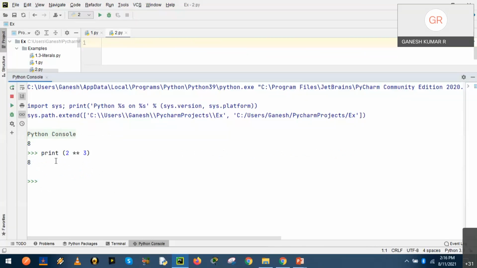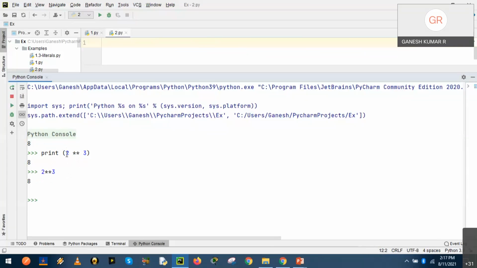Kindly note we have surrounded the double asterisk with spaces. There is a space provided before and after the power, the double asterisk symbol. Of course, it is not compulsory. Even without the space, it will work. 2 power 3, 8. It is not compulsory to leave a space before and after the double asterisk, but it improves the readability of the code.